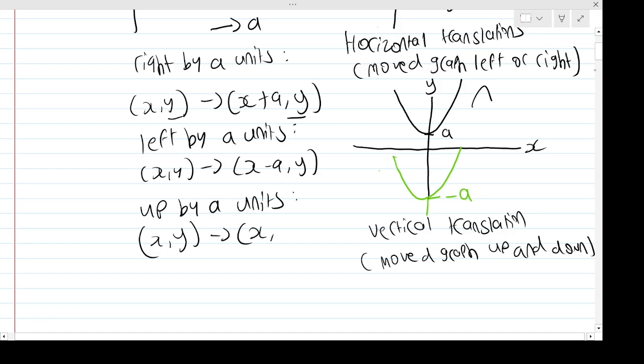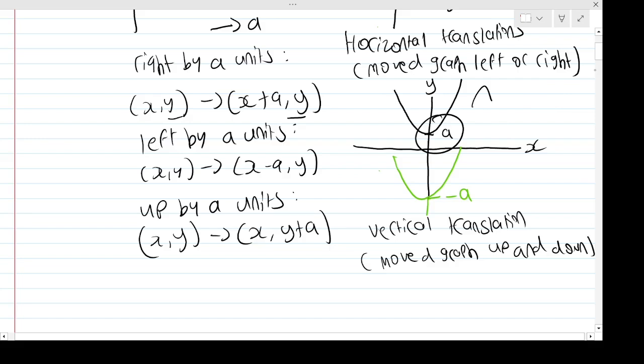You can see that here, because this point here is (0, a). So we went from (0, 0) to (0, a). So we added a to the y coordinates, and that would be for every point on the curve. We add a to every y value to make it move up.